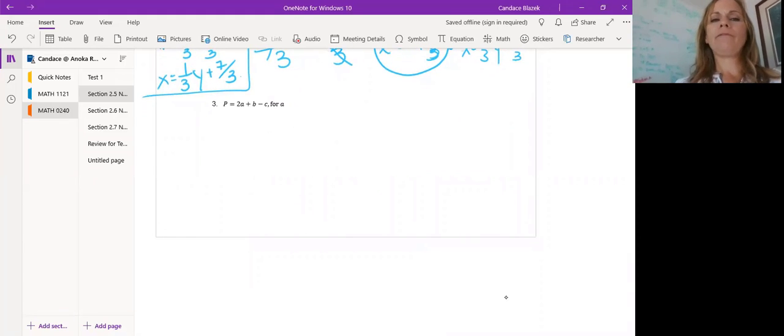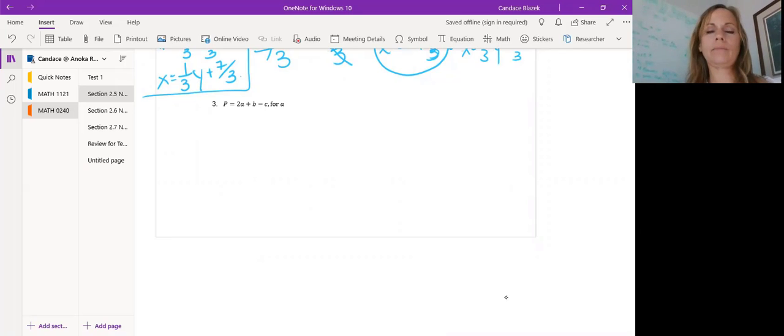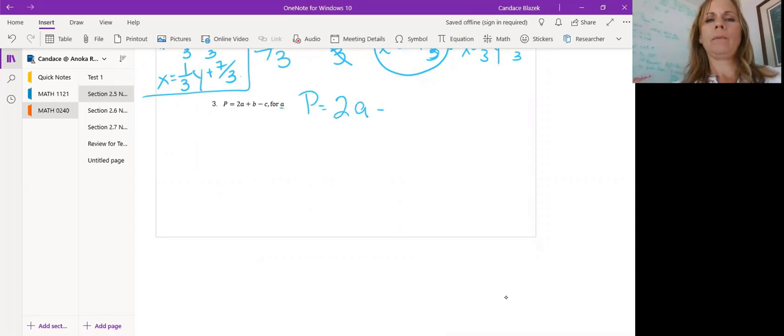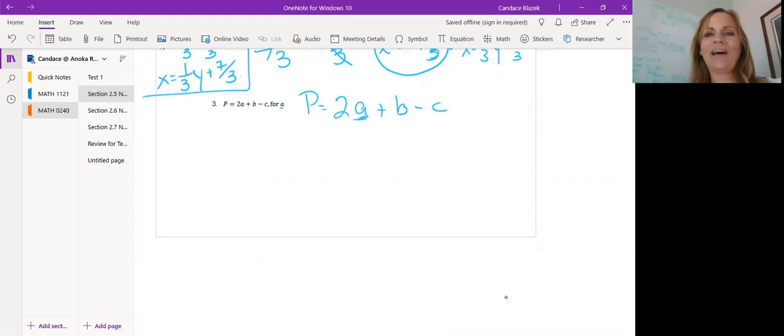All right, so we had P is equal to 2A plus B minus C, and we want to solve it for A. So I'm going to go ahead and say, okay, P is equal to 2A minus B, plus B minus C, and I'm going to underline that A just so that I remember what I'm solving for.